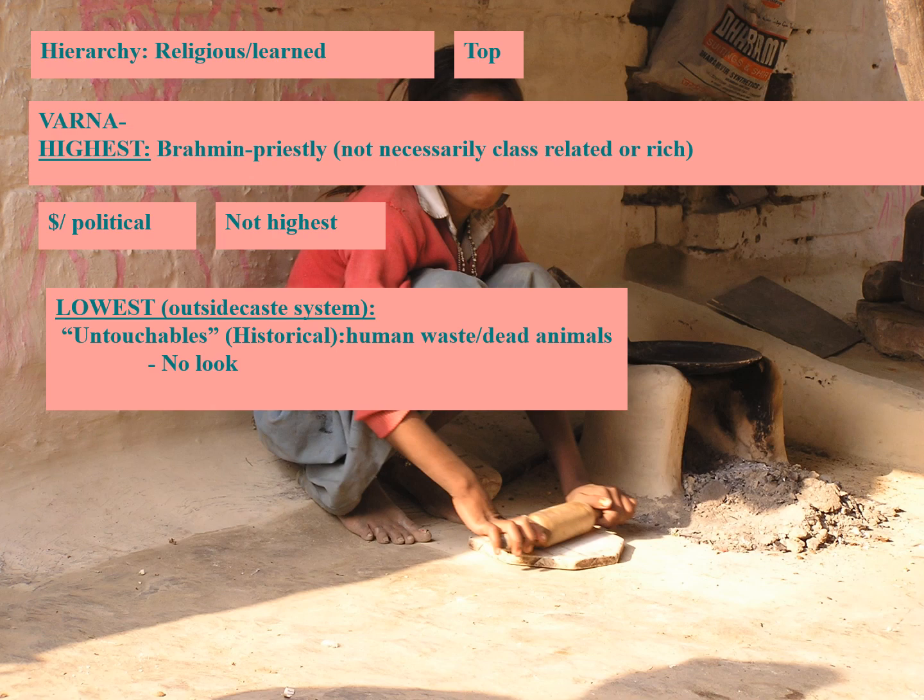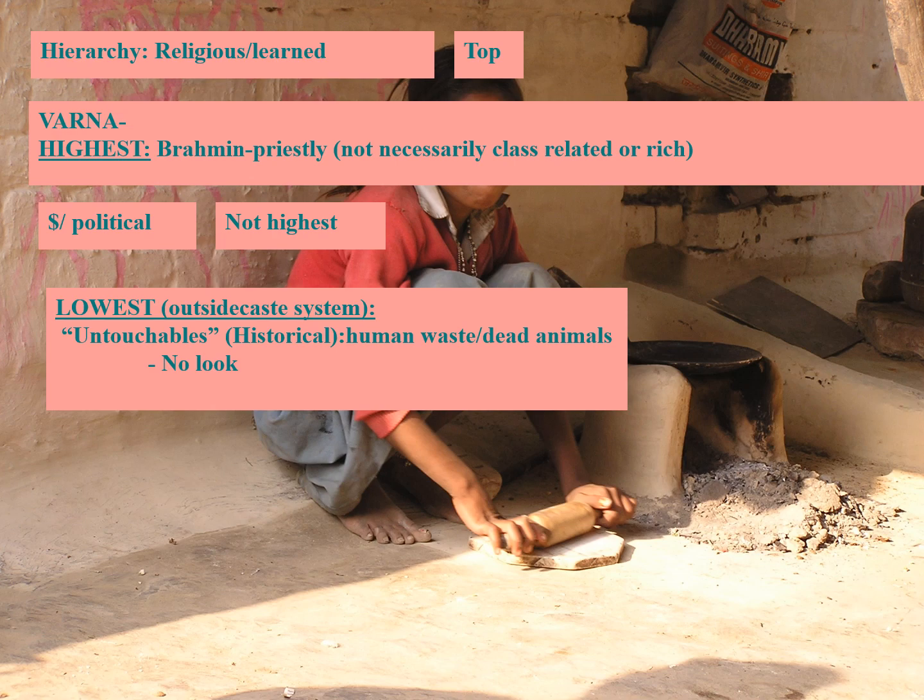So our lowest group, the Dalits, the untouchables, were outside the caste system, and literally in the past, they would have been outside the city walls. It was thought that they could contaminate food with their touch or kill animals, so you weren't allowed to look at them or talk to them or touch them. So if they were sick, they were left to die.